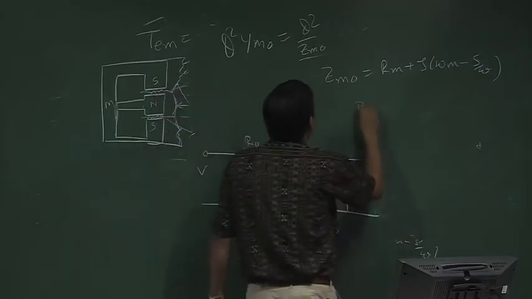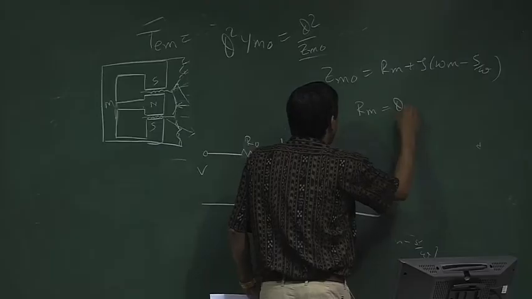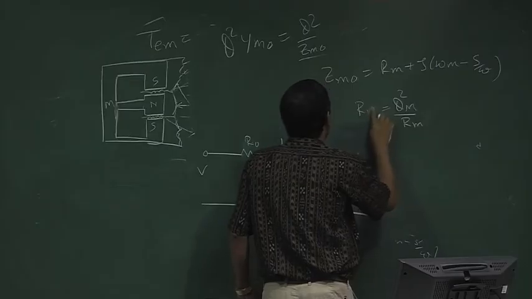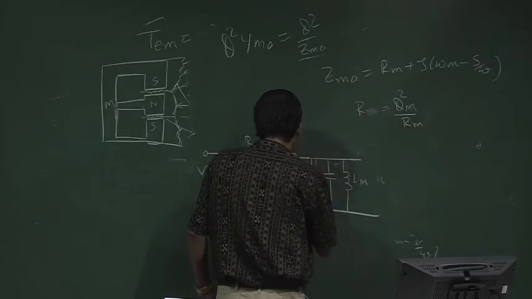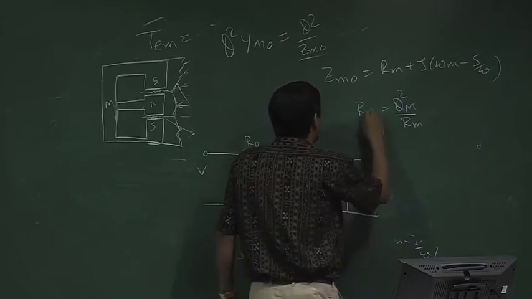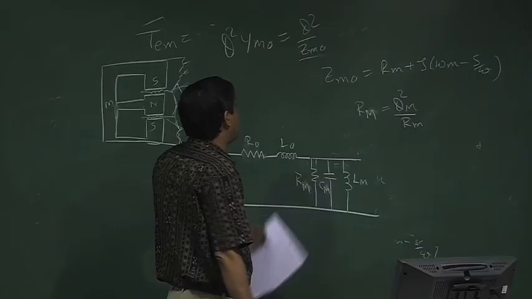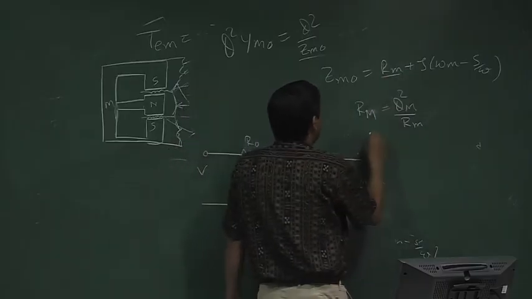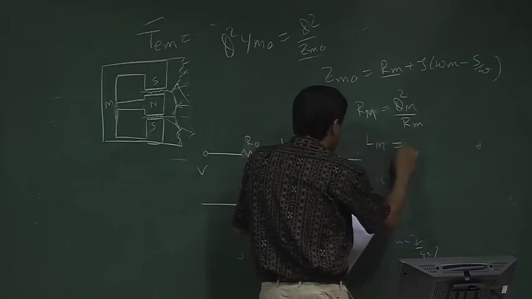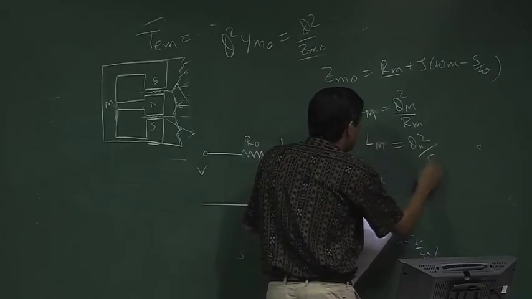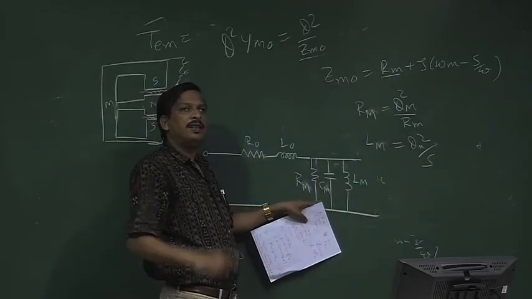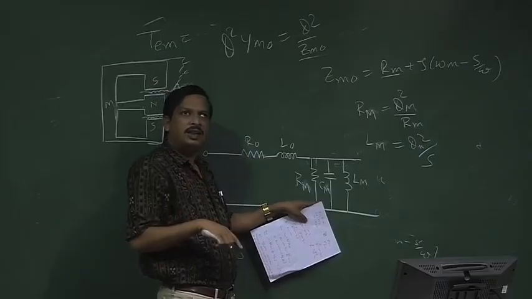Then Rm becomes phi square divided by Rm, let us write capital M, because Rm I have written already. So, capital RM is phi square by this Rm, and capital LM will be phi m square by S. In admittance, if it is capacitance, then it becomes inductance.